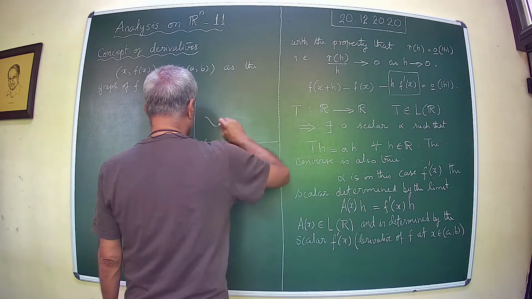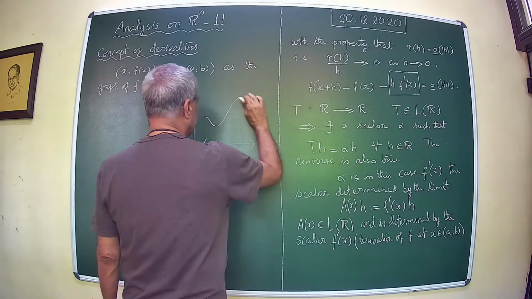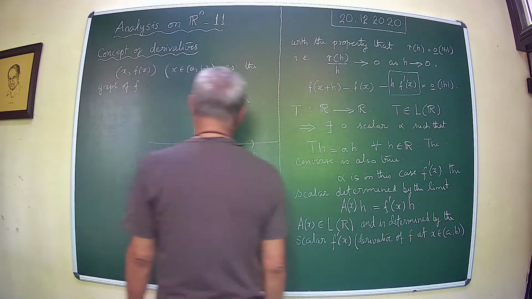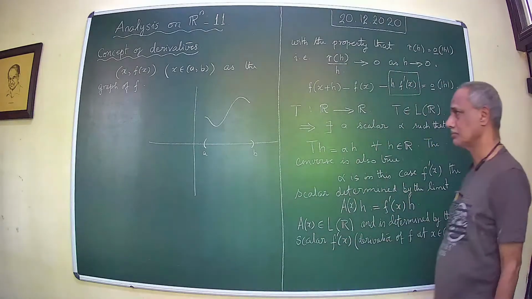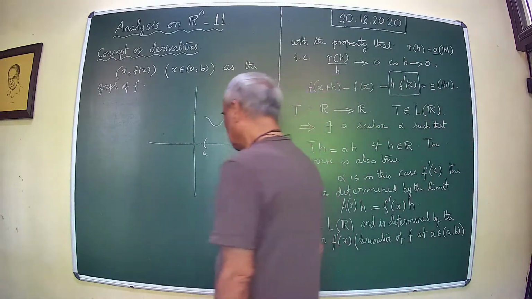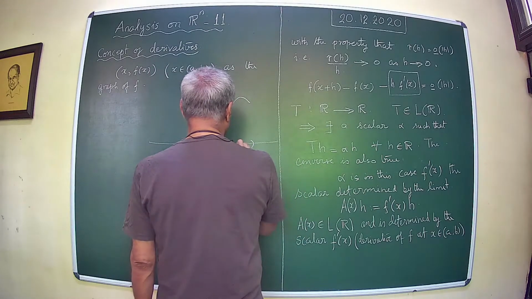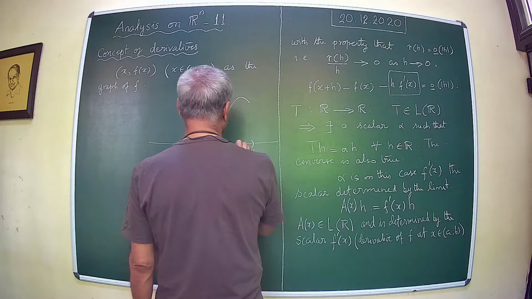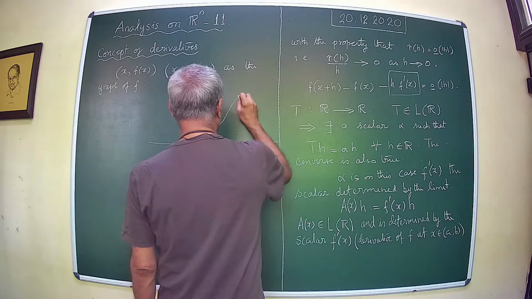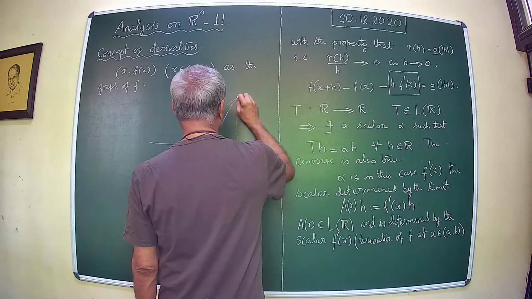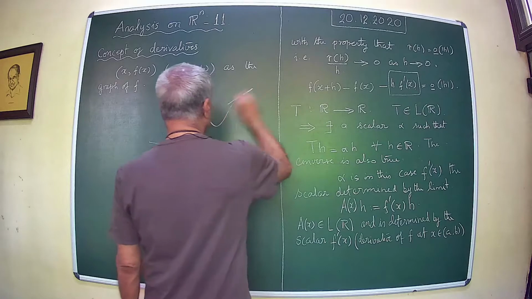Now it's not necessarily the function needs to be non-negative or anything, but just for convenience I'm going. Now take a point x on this. Now you see that f derivative at x is the slope of this line.